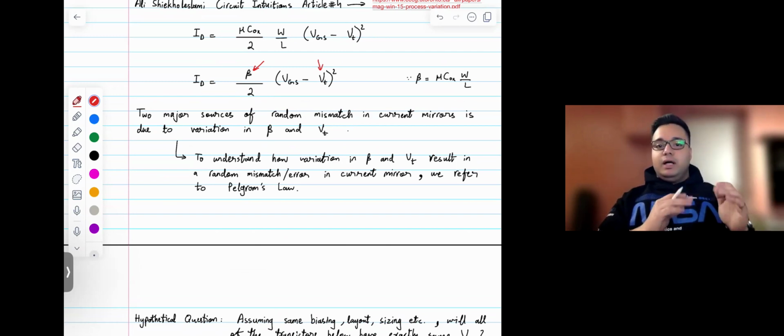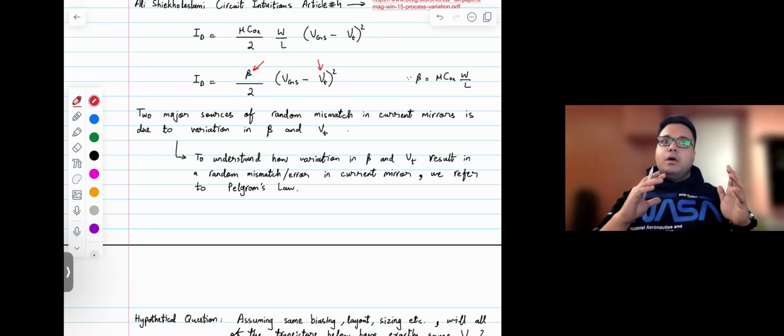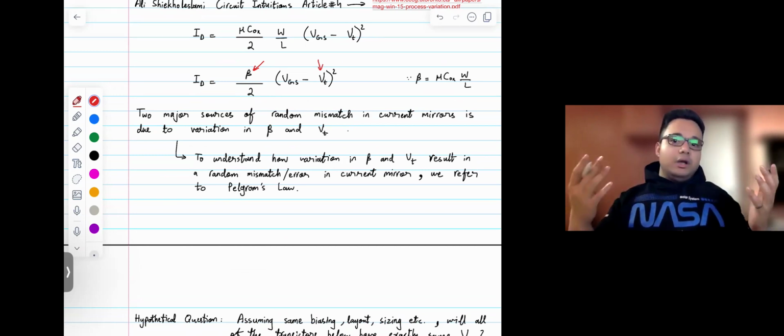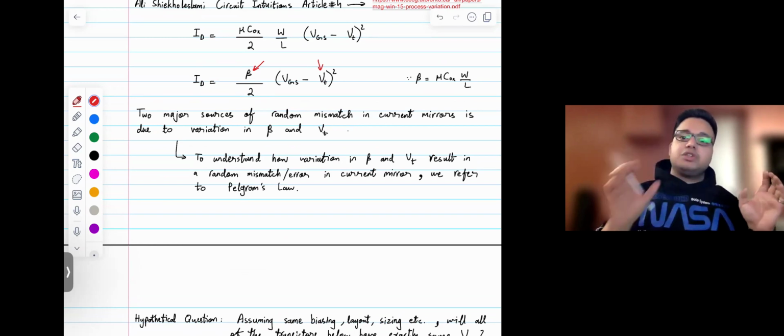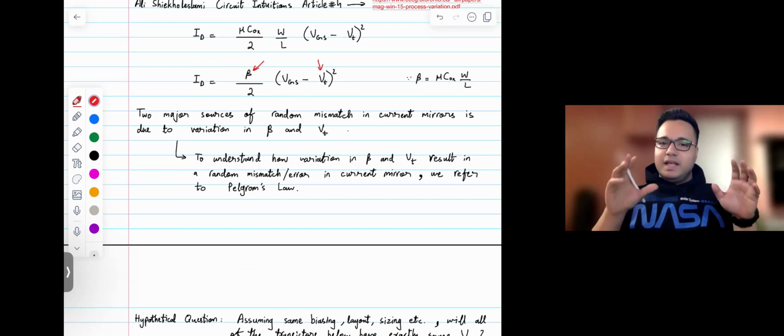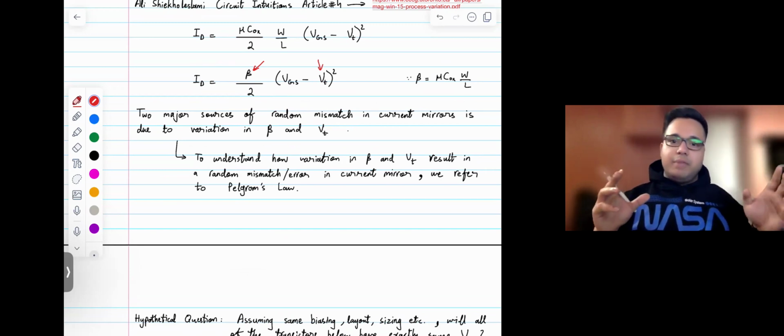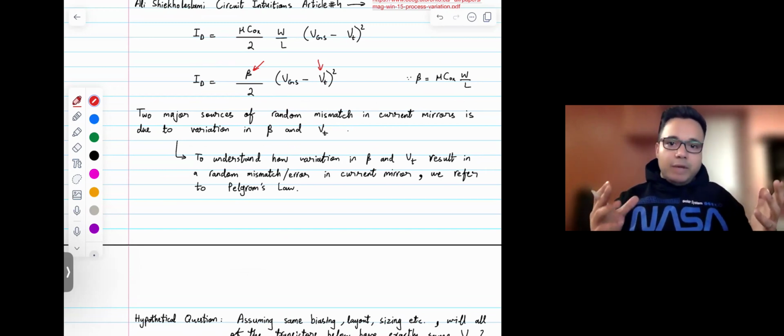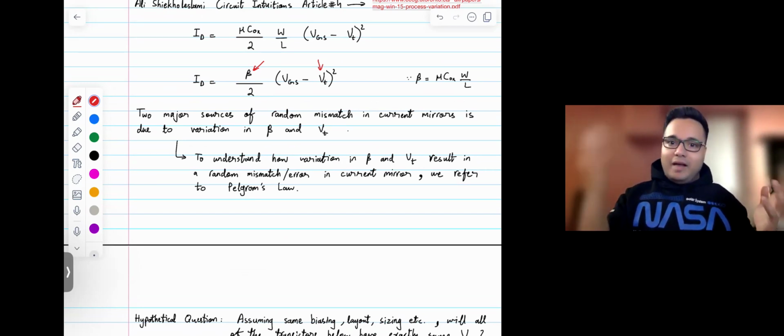And so where this video will eventually go is that we have these transistors in current mirrors, and if all of these transistors don't have the same threshold voltage or the same beta, these are assumptions that we made before to think that we will have an accurate current.